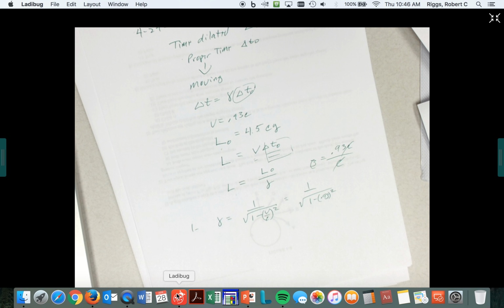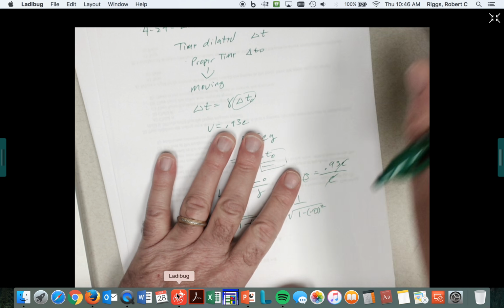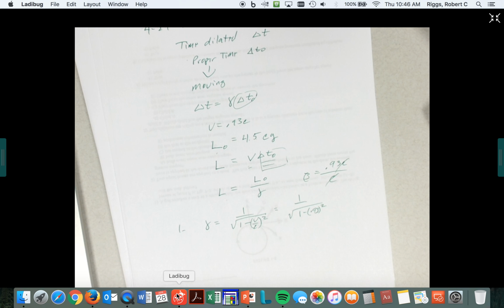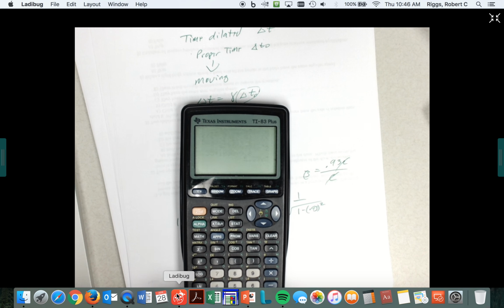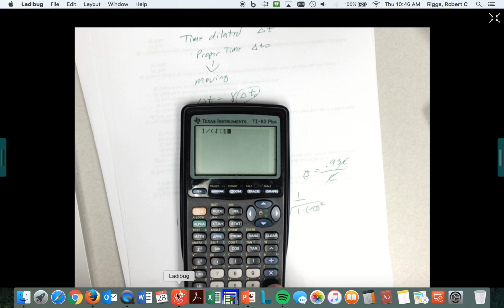Luckily, I have my calculator somewhere on my desk. Here it is. With my newfangled calculator I can do it all in one step: 1 divided by the square root of 1 minus 0.93 squared.